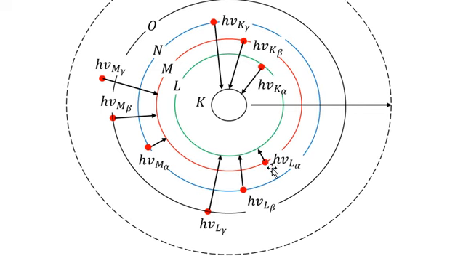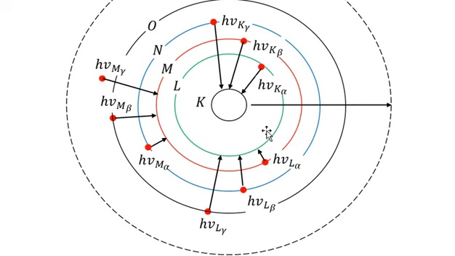As a result, the quanta of light h nu L alpha, h nu L beta, h nu L gamma, and even h nu delta and so on will be created. This whole series will be created. The arrows of the electrons which I have shown for this L series are labeled h nu L alpha, h nu L beta, h nu L gamma. So this is referred to as the L series, simply written as L alpha, L beta, and L gamma.